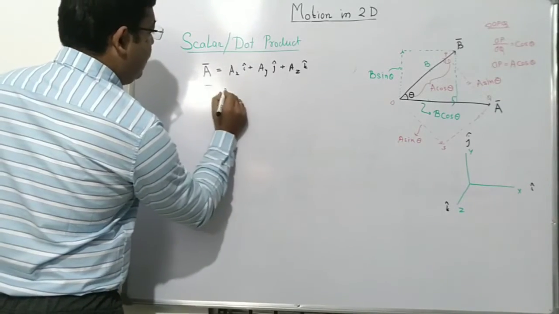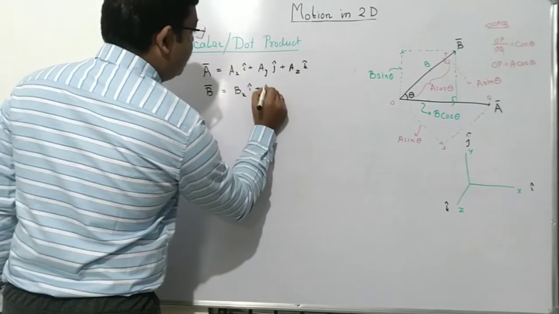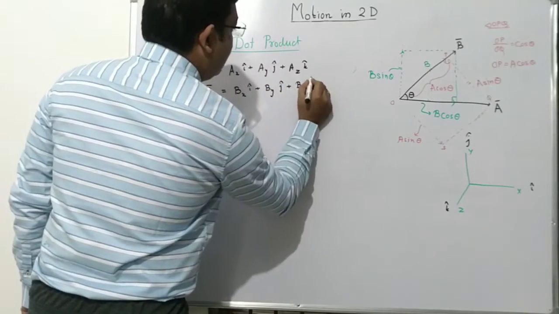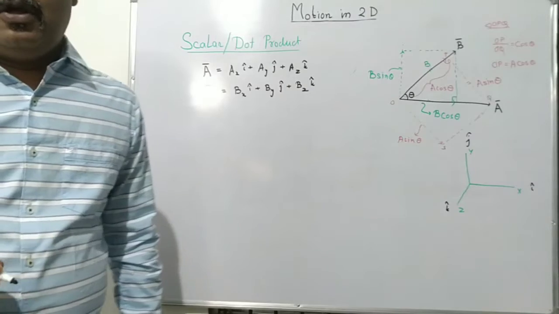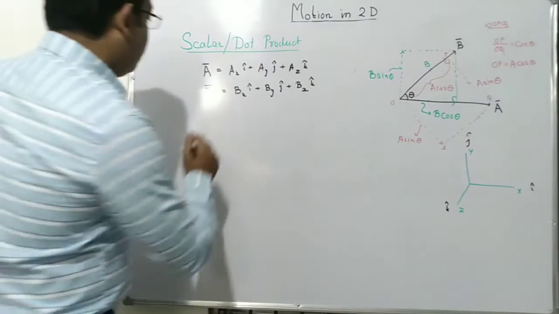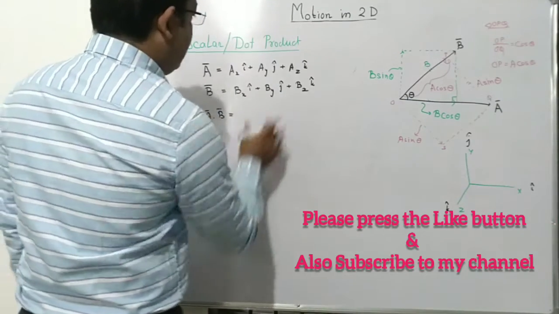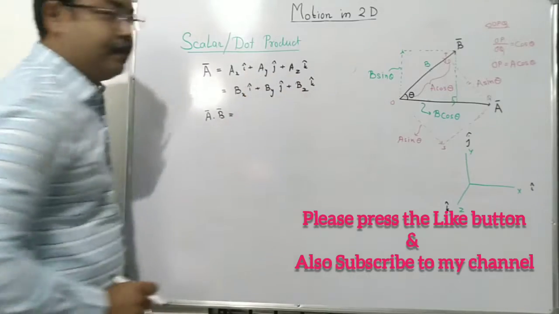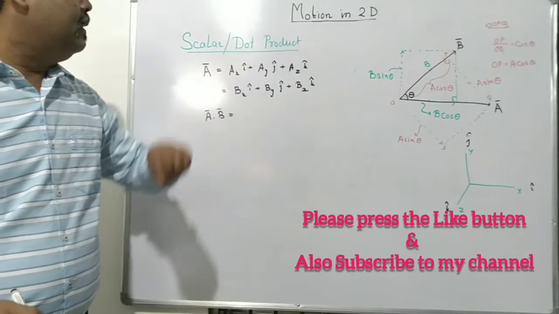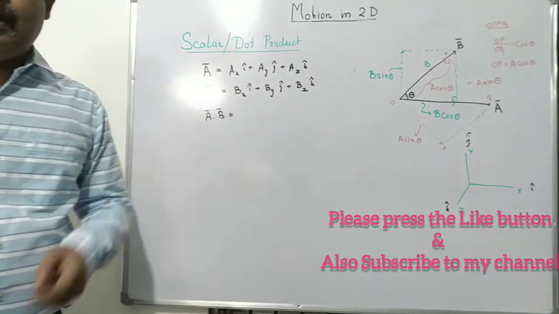Similarly, another vector B can be given as Bx I cap plus By j cap plus Bz k cap, which means that if I take the dot product A dot B, we simply take the dot product of Ax I cap plus Ay j cap plus Az k cap with Bx I cap, By j cap and Bz k cap.